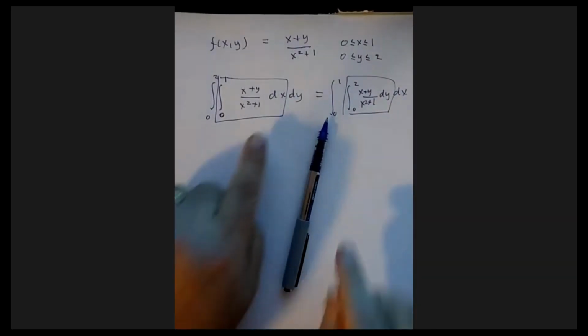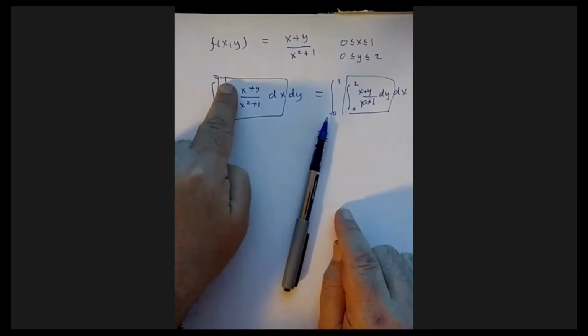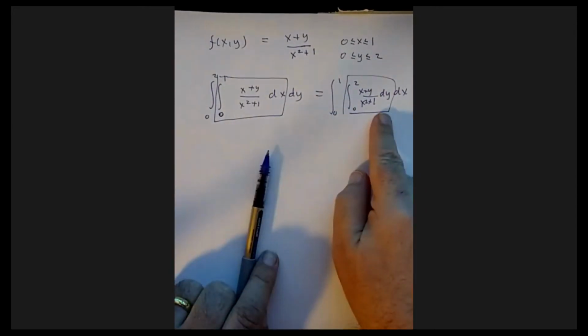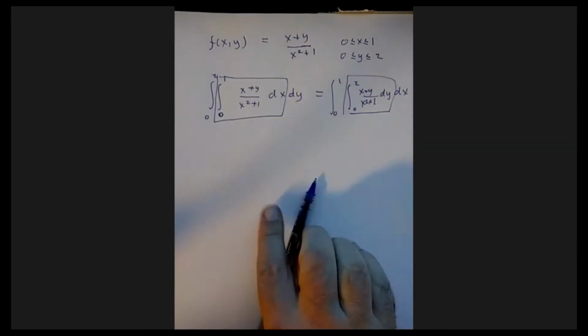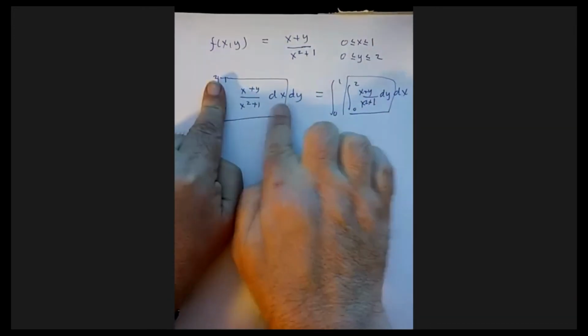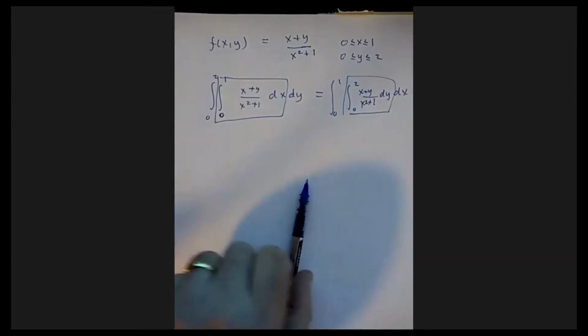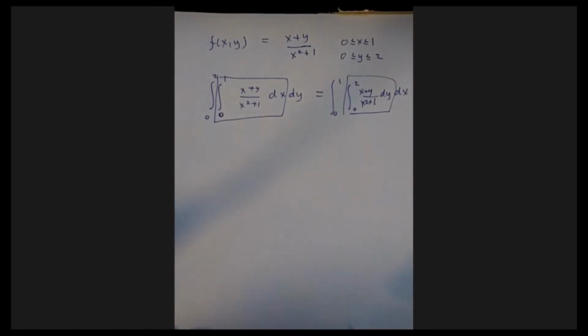So can you see that when it was x first, it went x from 0 to 1, but when it was y first, y went from 0 to 2. Do you see that there is a distinct difference? Because I don't want you to think you just keep these the same and you can switch the x's and y's and it won't make a difference, right? That's part of the process.